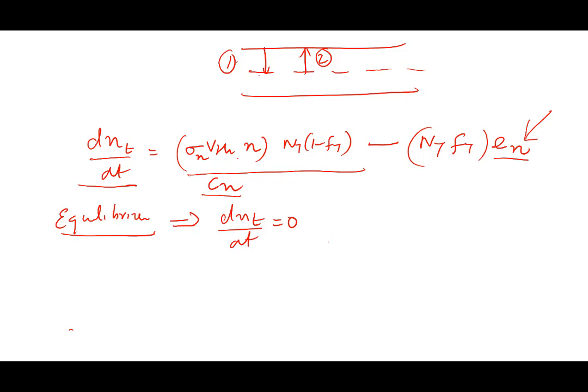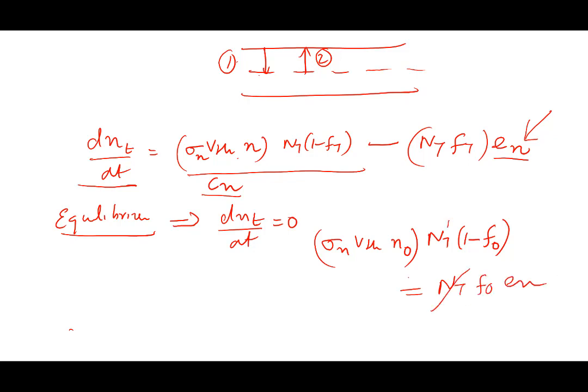So what we can do is then we can write sigma n, VTH n. Let me write n0, n. So this is there, n0, nt, 1 minus ft is what? Ft is the equilibrium probability distribution function. So we can use the Fermi-Dirac probability distribution function that tells us how a particular state is occupied. So 1 minus f. This is the Fermi-Dirac function here. Equilibrium, let's call it 1 minus f0. This is equal to nt, f0, en.